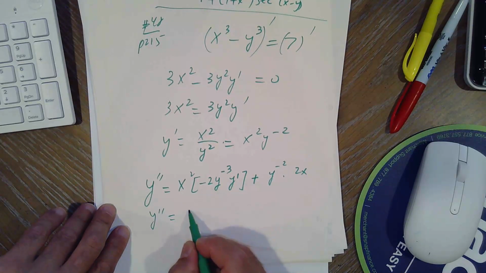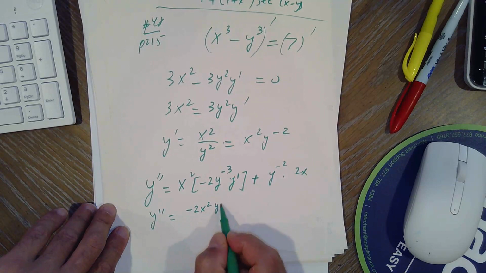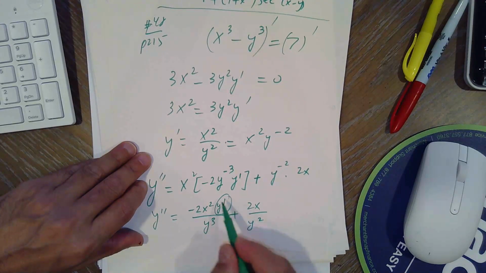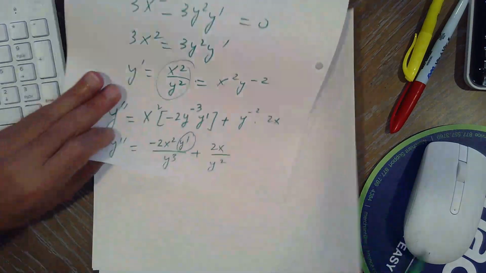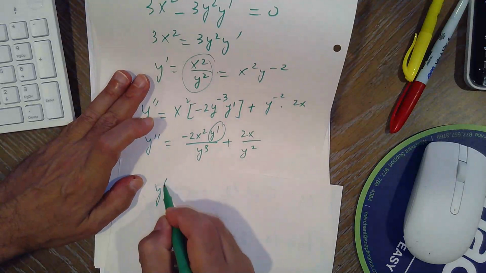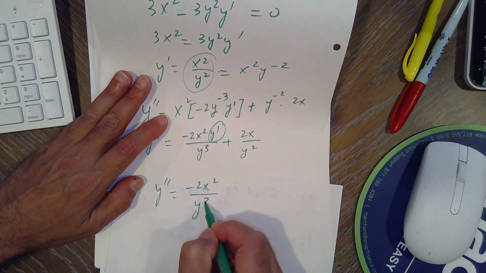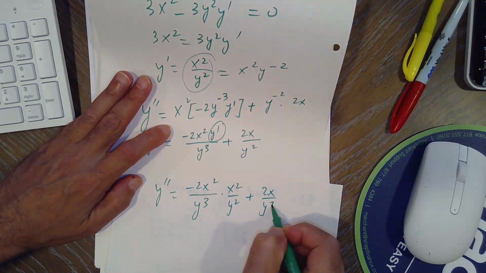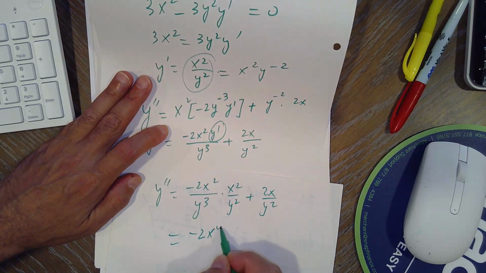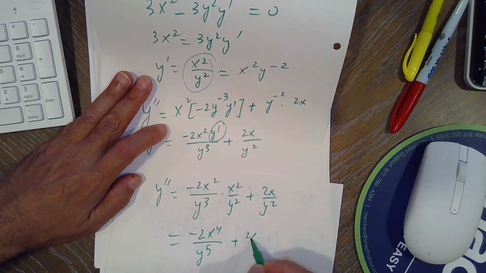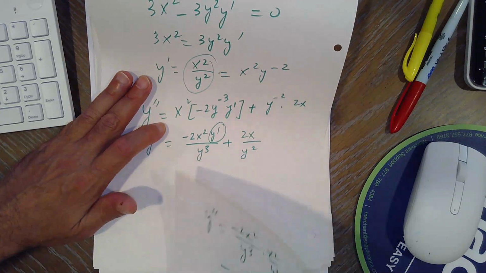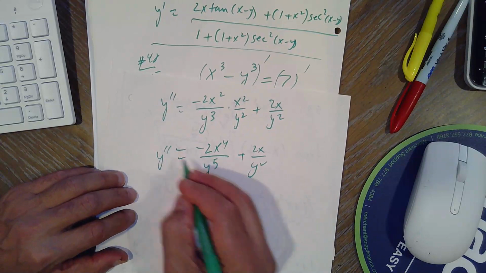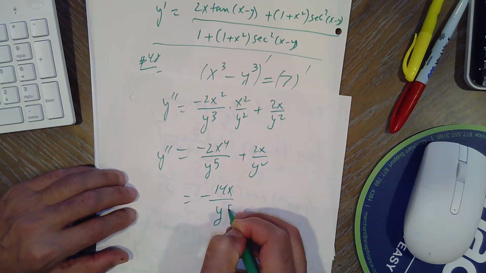So that's going to be negative 2x squared y prime over y cubed plus 2x over y squared, where we can actually put x squared over y squared for y prime just to make it nicer. x squared over y cubed times x squared over y squared, which would be negative 2x to the 4 over y to the 5th plus 2x over y squared, which could be simplified, which could be negative 14x over y to the 5th.